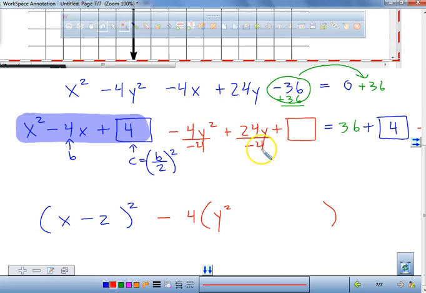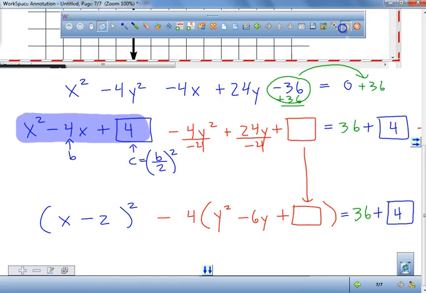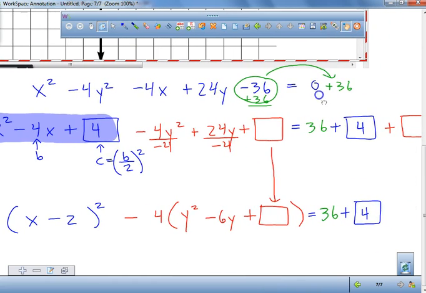I divided by a -4, and that leaves me with a -6y. Then I drop this down right there. I'll put the equal sign. I'll put the 36, just like I have it. I'll put my 4 right there. And I'm going to move it over just a little bit more.